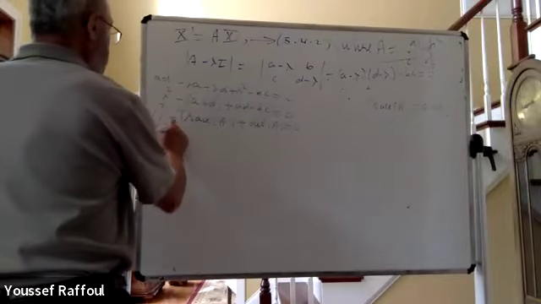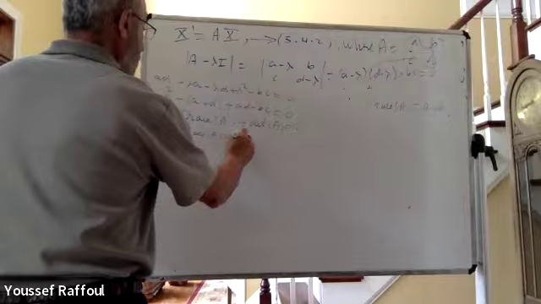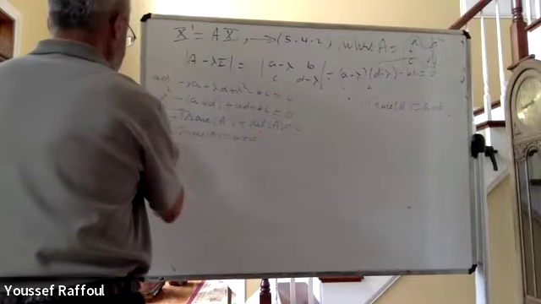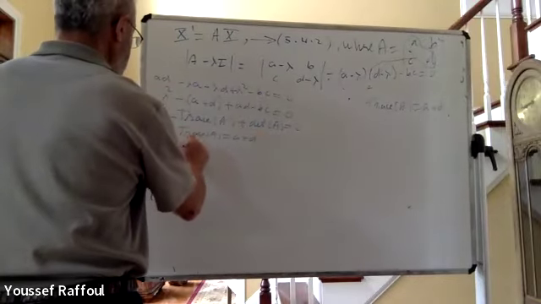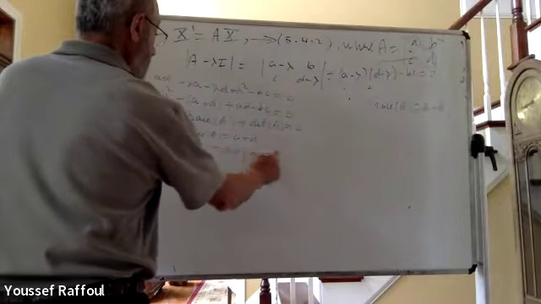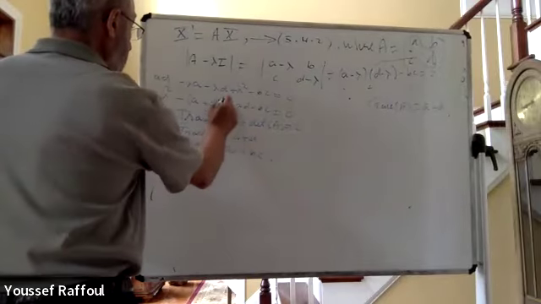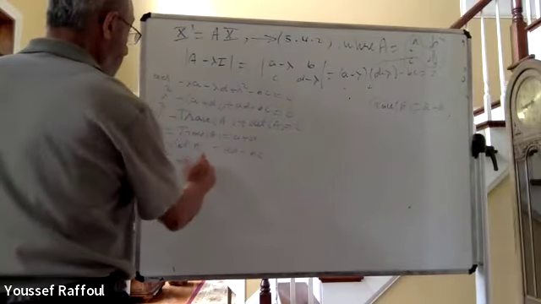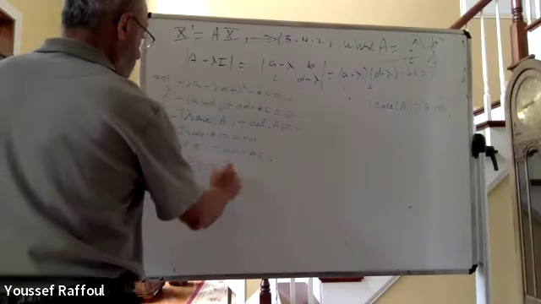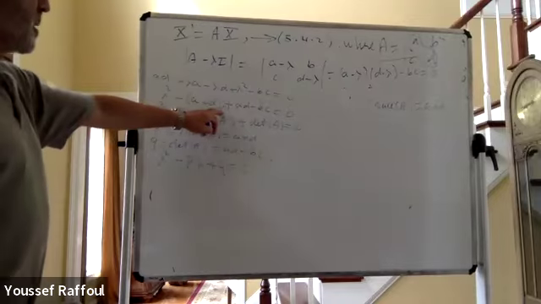So if we let p equal the trace of A, which is a plus d, and q equal the determinant of A, that is ad minus bc, then we have lambda squared minus p lambda plus q equals 0. There's a lambda here, be careful.